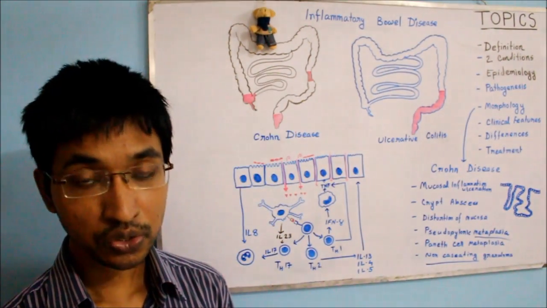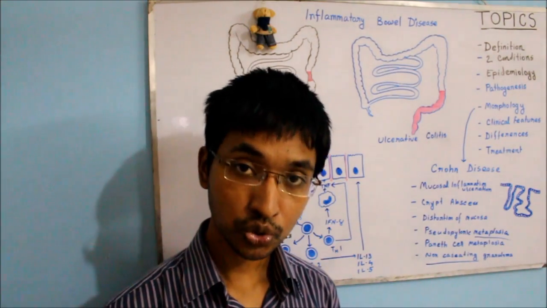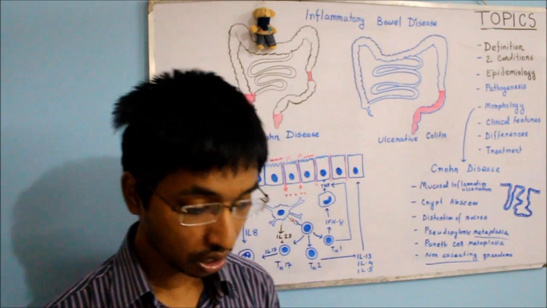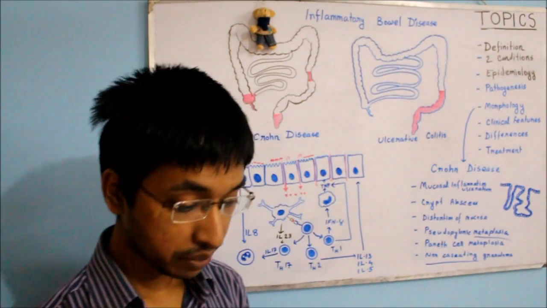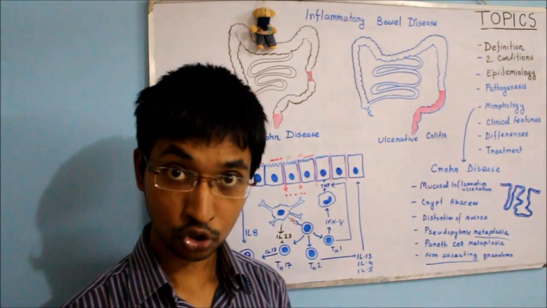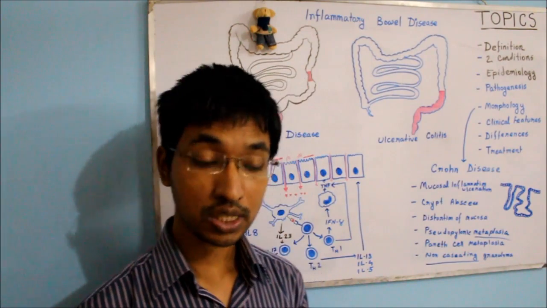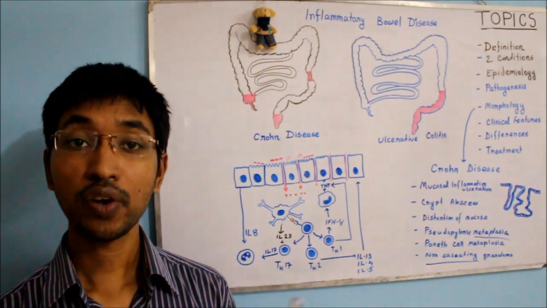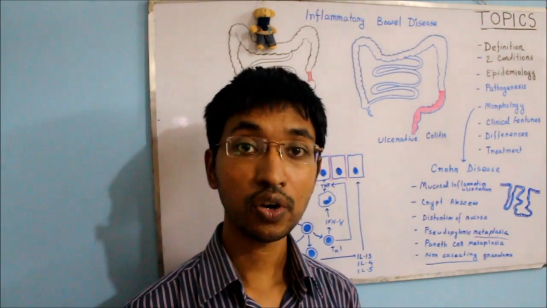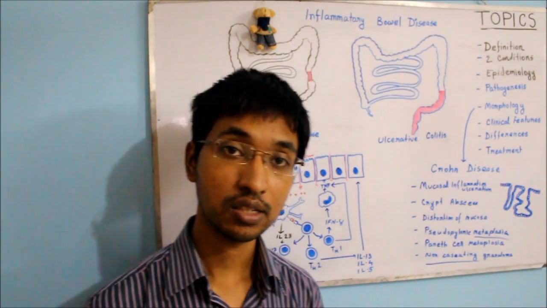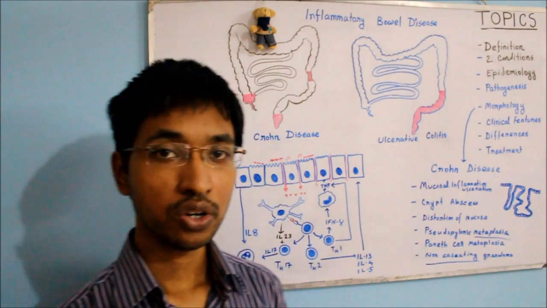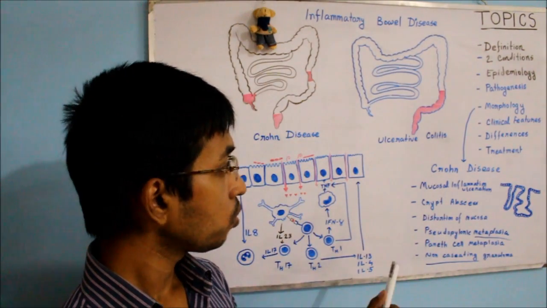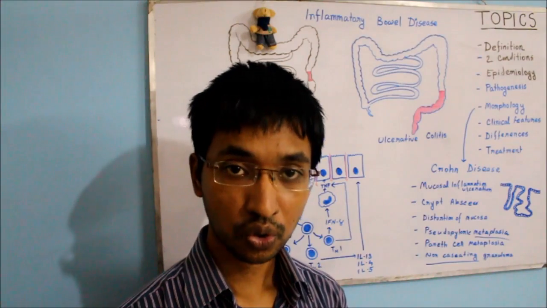We will also see crypt abscess here. There will also be distortion of the architecture of the mucosa. There will be mucosal damage, ulceration, atrophy. However, we won't see any fissure, nor any aphthous ulcer, nor any granuloma that we had seen in case of Crohn's disease. So these were in short regarding the morphology of ulcerative colitis.